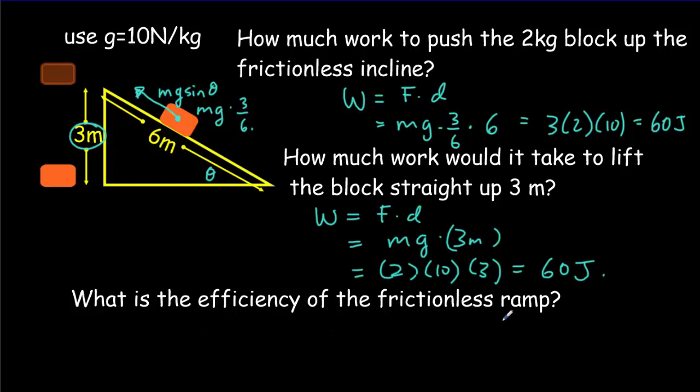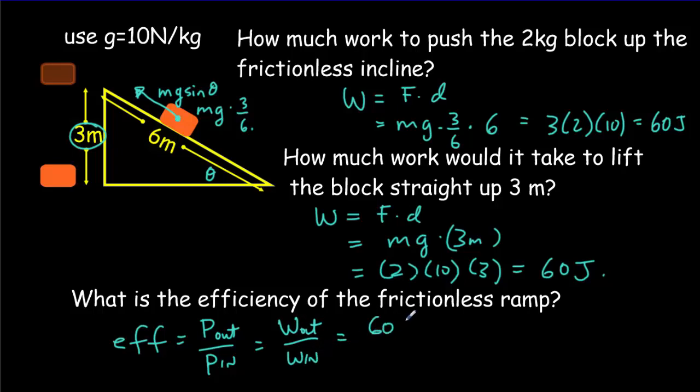So what's the efficiency of the frictionless ramp? Well, the efficiency would equal the power out divided by the power in. Assuming we do those in the same amount of time, that would be equal to the work output divided by the work input, which would be 60 joules is the output.